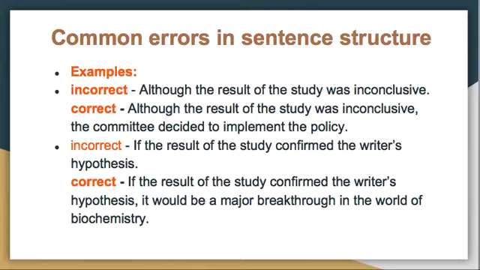The first incorrect example is, "Although the result of the study was inconclusive." It doesn't give a complete idea, like what was the study, what happened next. The reader always looks for what happened next.